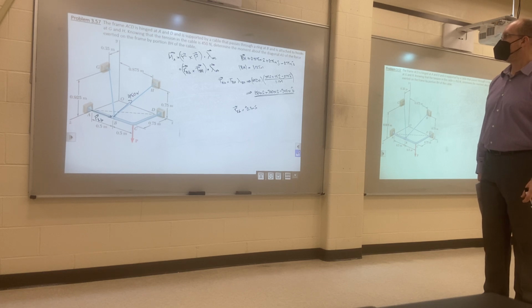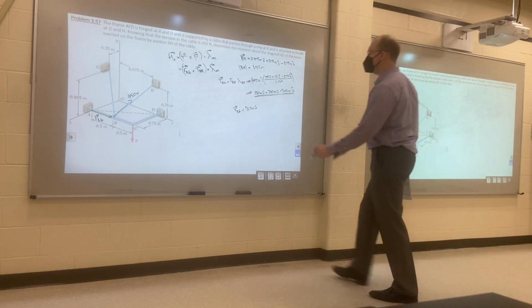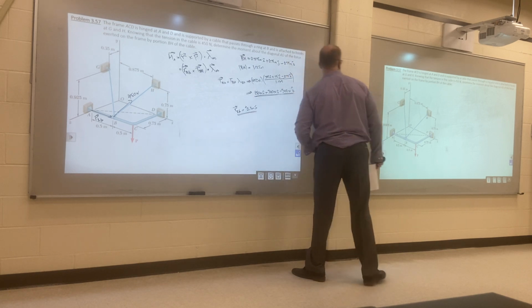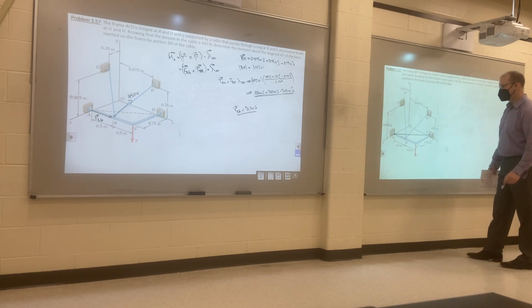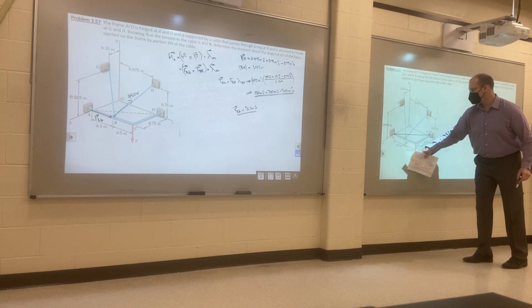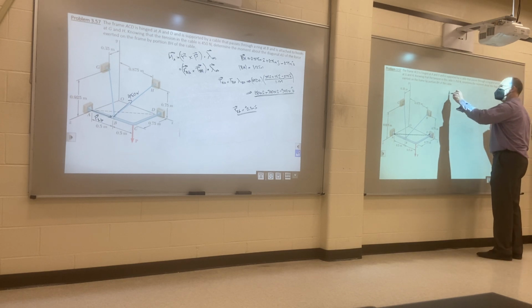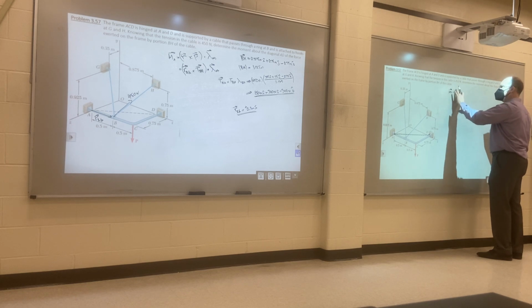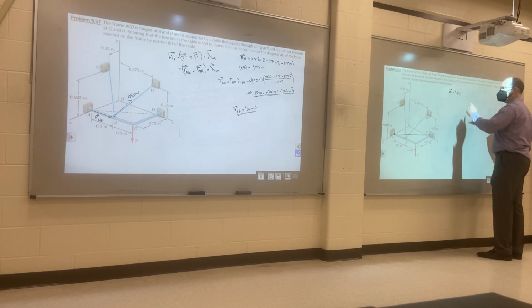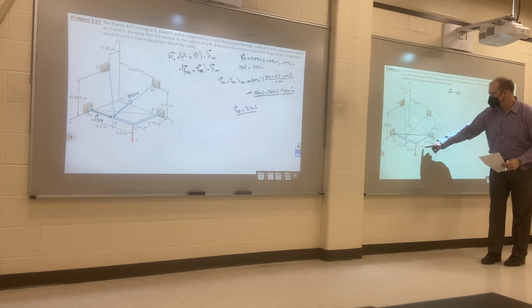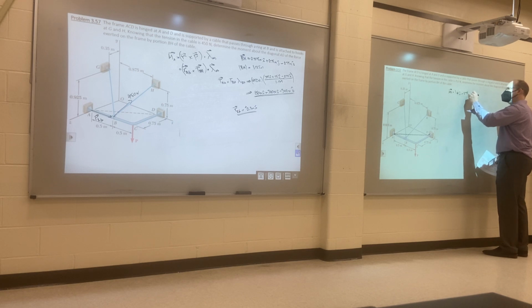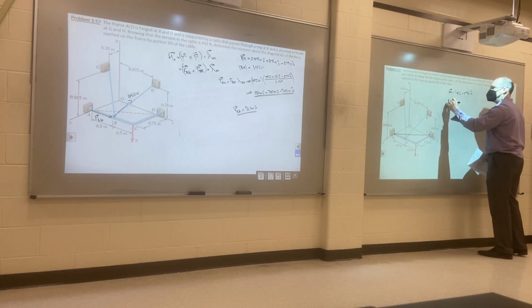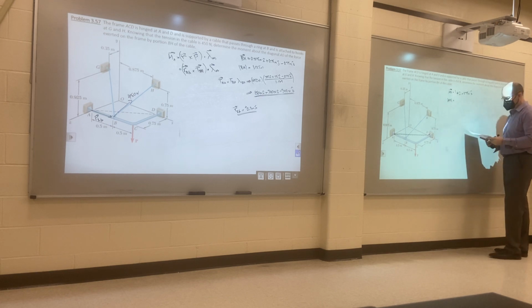So I got R, I got F. I just need the unit vector along AD. From here to here. 1 meter I, 0 J, negative 0.75 meters K, right? Again, find its scalar magnitude along AD.